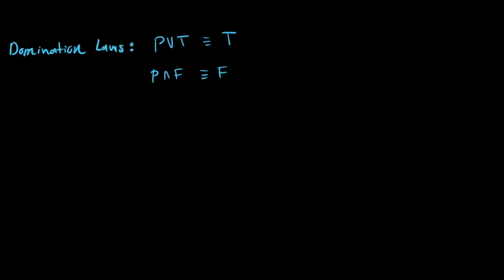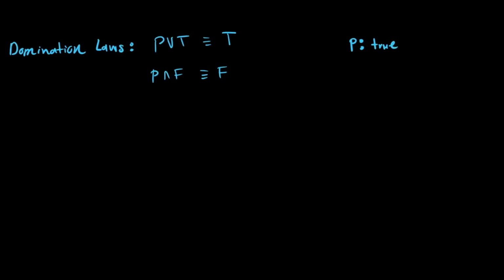Okay, so now let's look at the domination laws. If I have P or true, it should be congruent to true. And if I have P and false, it should be congruent to false. So this is what the domination laws are saying. It's kind of similar if you think about it as negation laws, but it's different. So let's look at an example. Let's say in this case that my P is true.